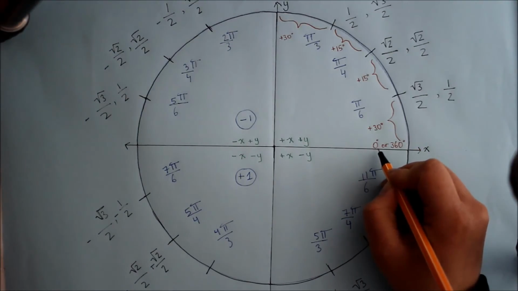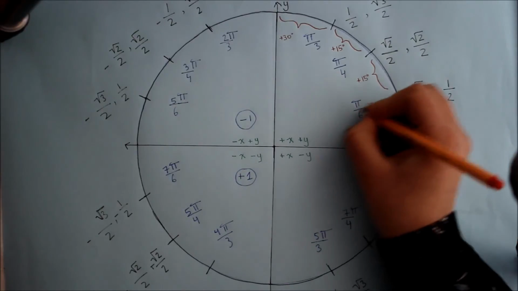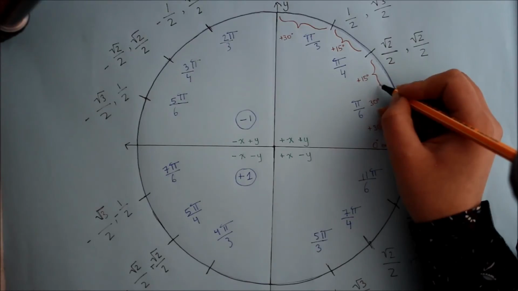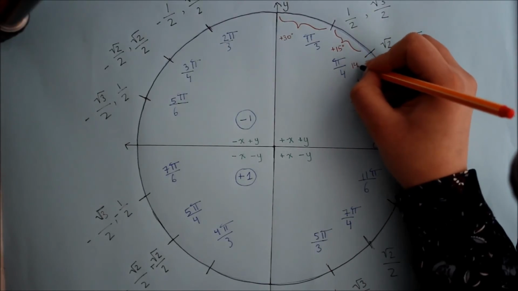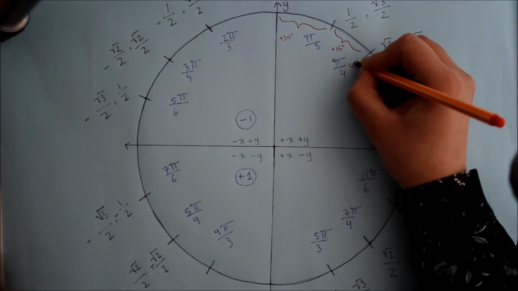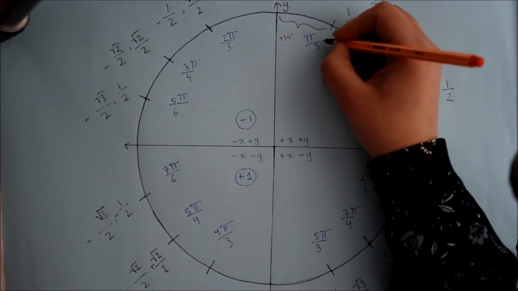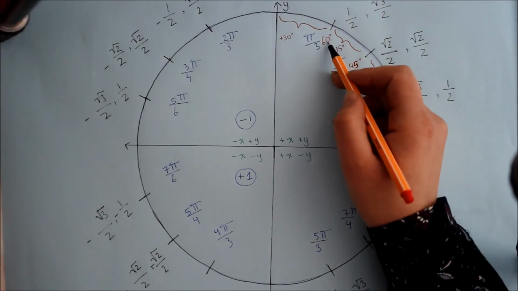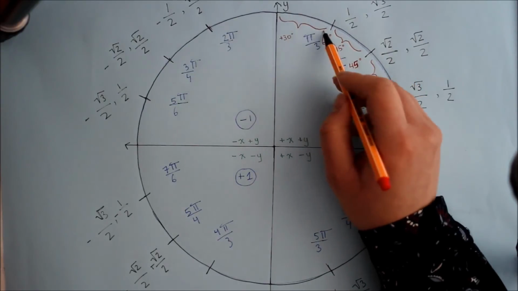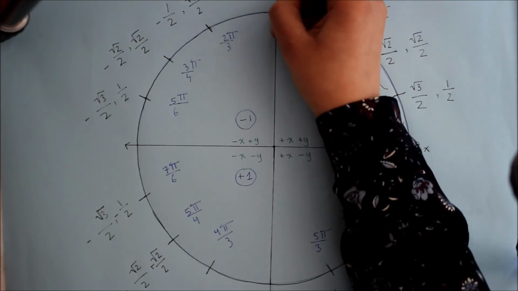So let's say we start from 0, so here it's 30 degrees. 30 plus 15 is 45 degrees. 45 plus 15 is 60 degrees. And then as we're done here, it's going to be plus 30 degrees. So 60 plus 30 is 90 degrees.